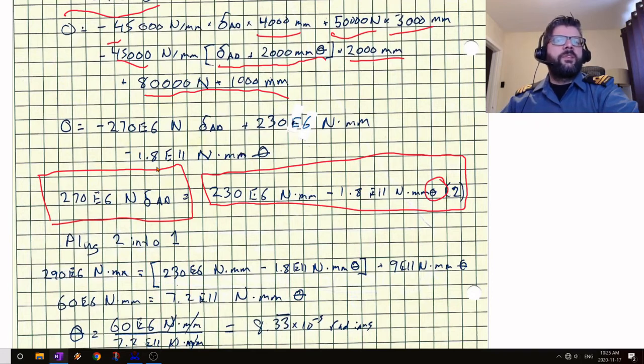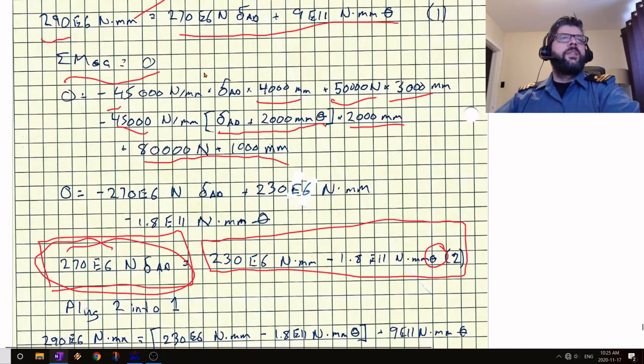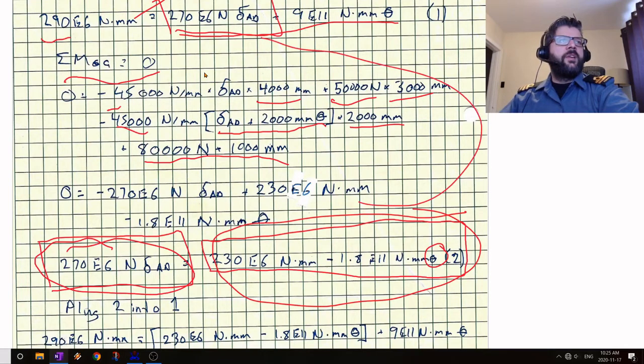So we have this value here, the 270 times 10 to the 6 newtons delta AD, and that term also ended up in this equation up here. So we can just take this and plug it into there.